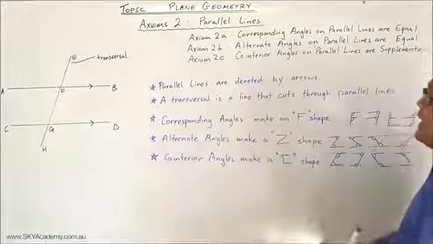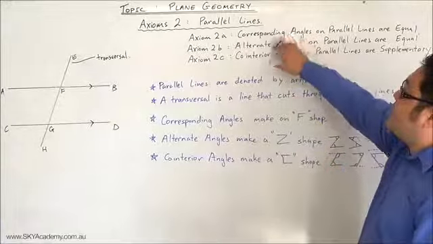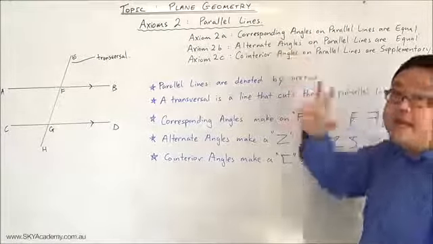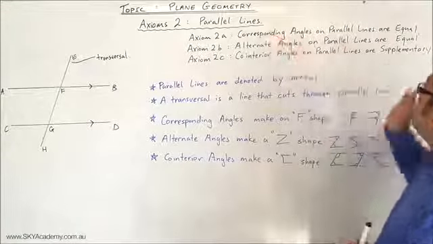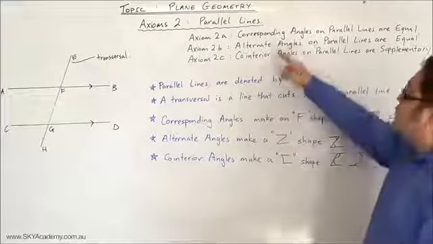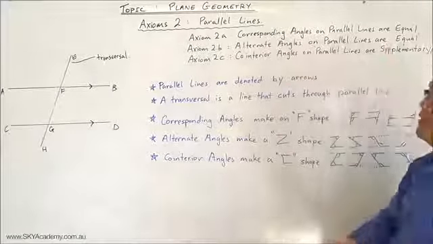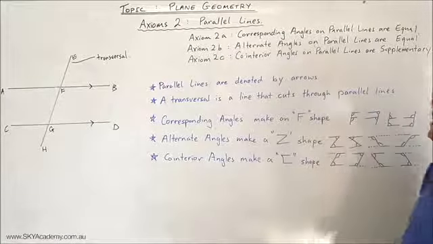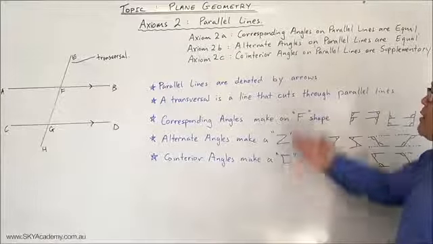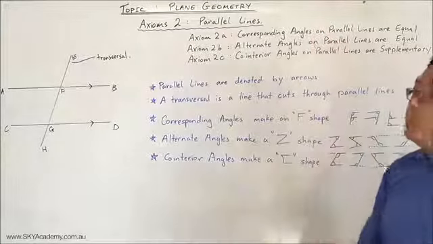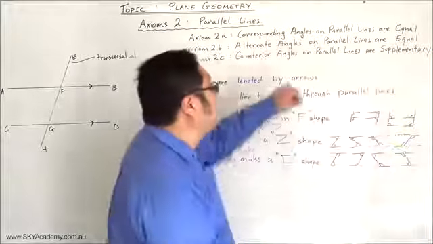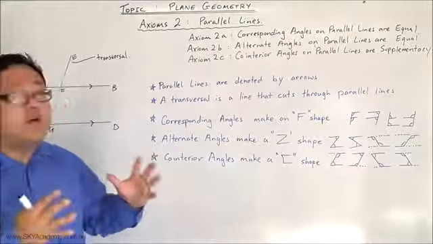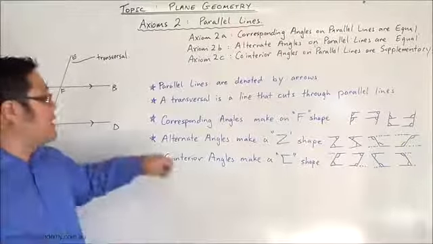All right, and that brings us to the axioms. There are three axioms: corresponding angles on parallel lines are equal, alternate angles on parallel lines are equal, and co-interior angles on parallel lines are equal. Now, we need to understand what these three words mean. So what are corresponding angles on parallel lines?